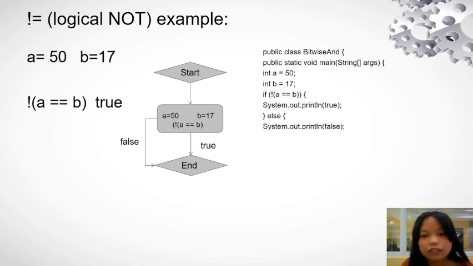If not, it will print false. So let's see what the output is. The output is true. Why? Because A is not equal to B.